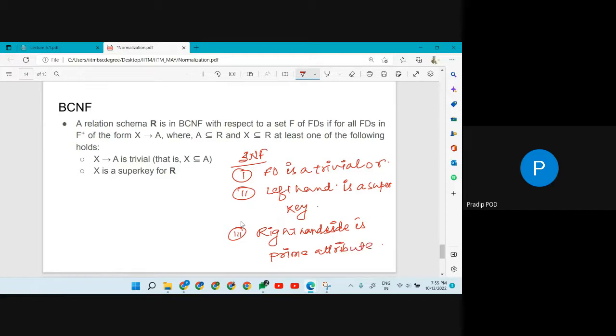So these are OR conditions, at least one of these conditions. If at least one of these conditions is satisfied, then you can say this is in the third normal form.